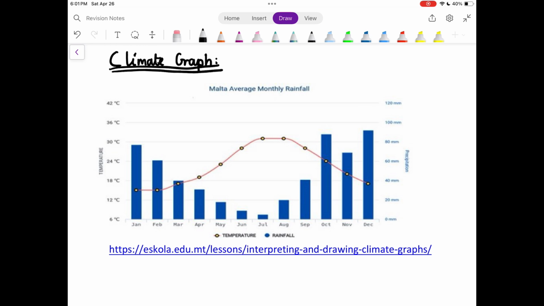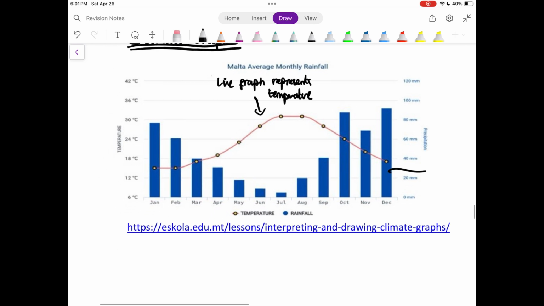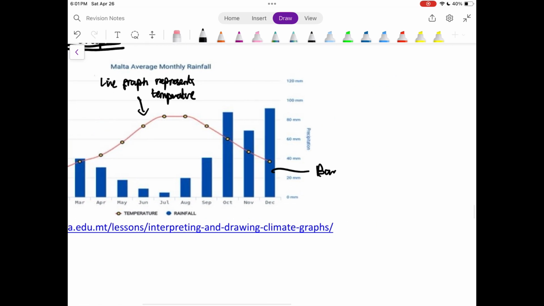So what you need to be careful of is that lines always represent temperature. So line graph represents temperature, and you also need to know that the bars represent rainfall.